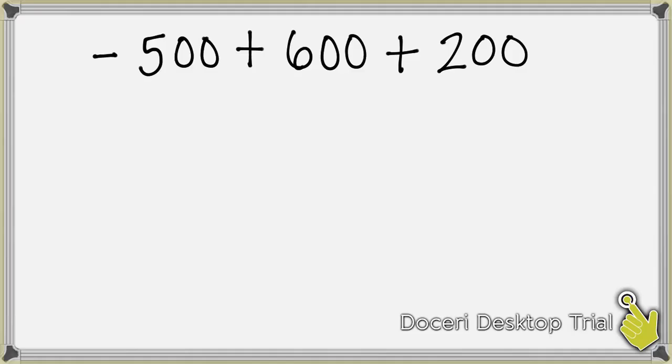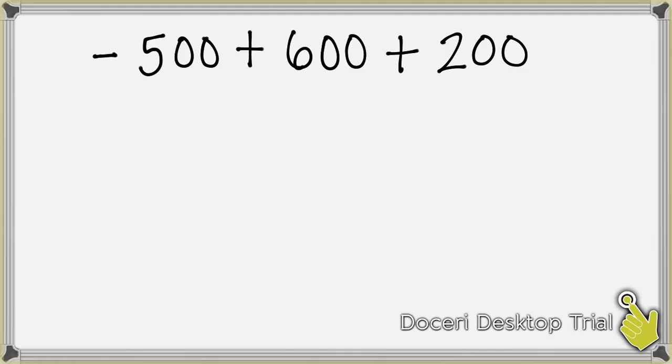All right, -500 plus 600 plus 200. When you have more than two numbers that you're combining together, I want you to separate it and do two of the numbers at first and then the last number at the end. So we're just going to look at the first two numbers that say -500 and then the plus 600.